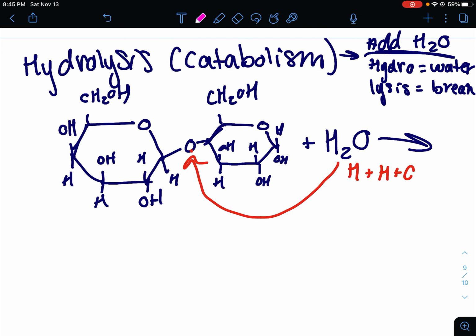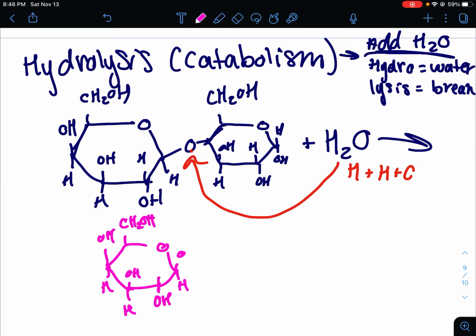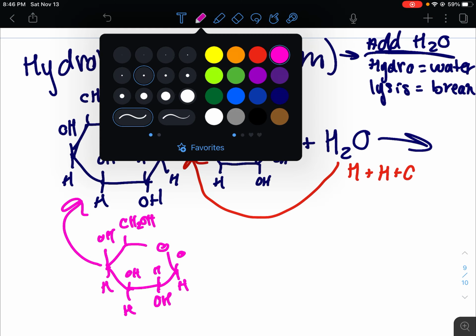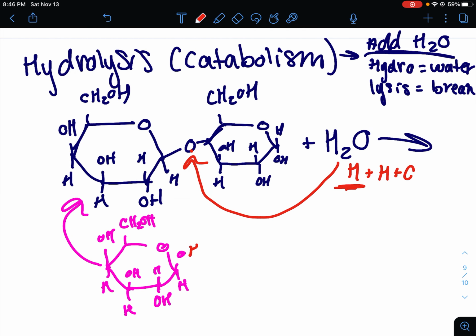So the product is going to end up being two separate glucoses. We break it into the monomers. We end up having something that looks like this. So it looks like this. This O connects to one of these hydrogens right there.